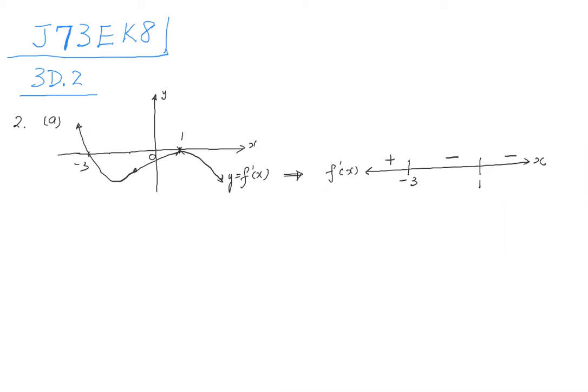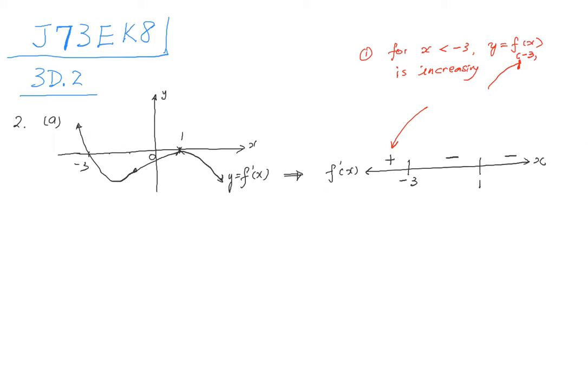So if f prime x is positive, for x less than -3, y equal to f(x) is increasing. That means the y equal to f(x) graph will be going up until it reaches the point where x equal to -3.